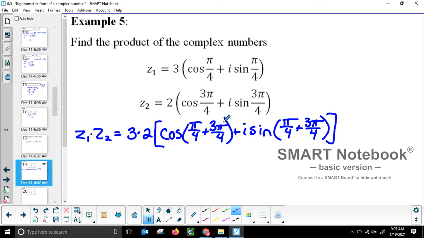Now, when it gives it to us in complex form, or in trigonometric form, answer in trigonometric form. So you don't have to, by any stretch of the imagination, simplify that and put it in standard form.